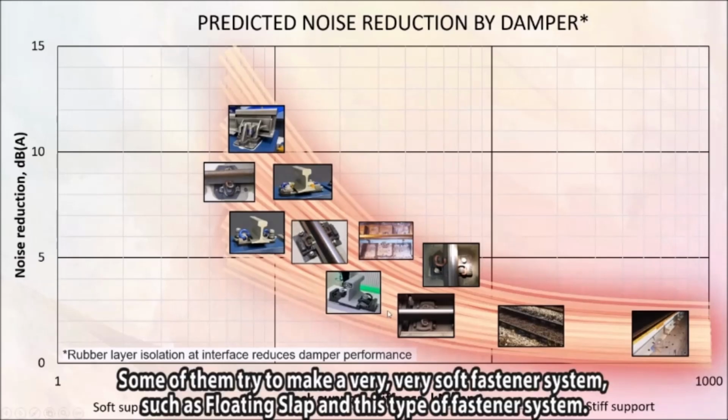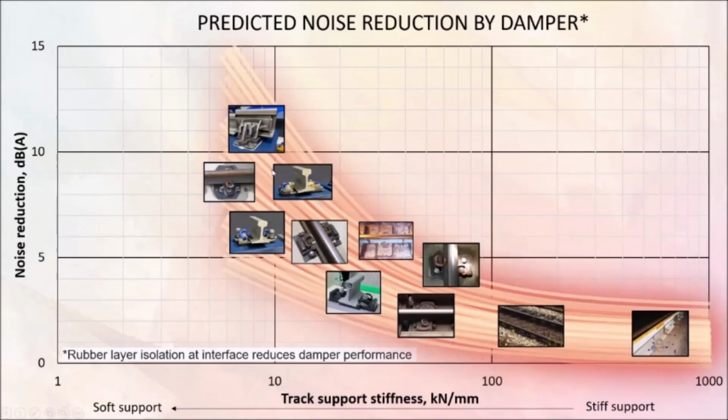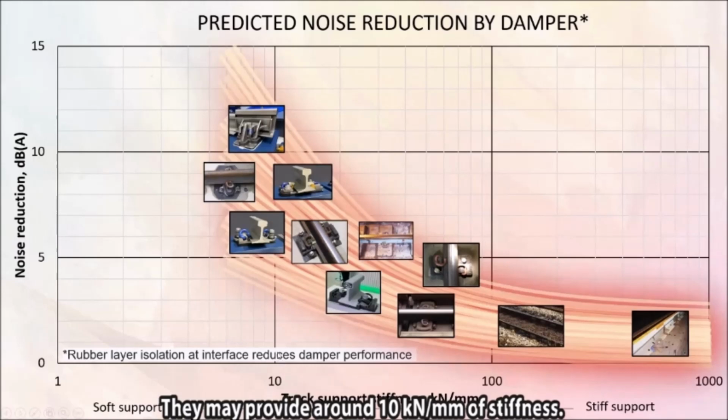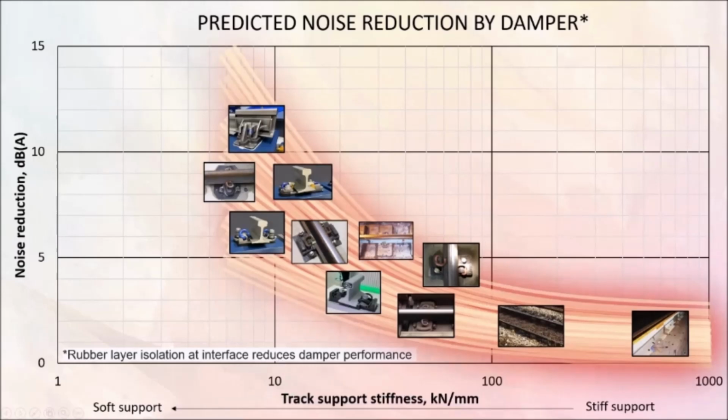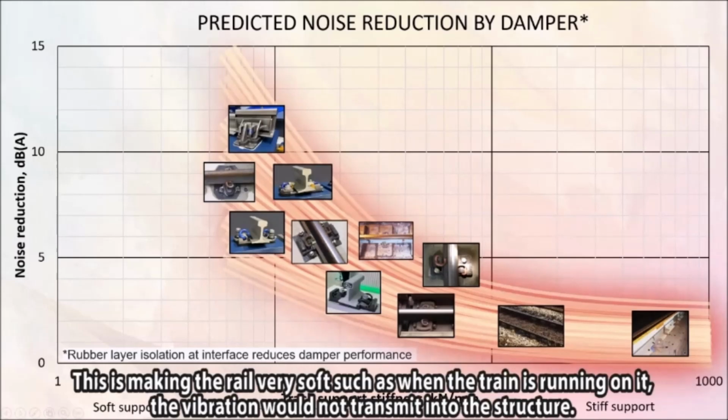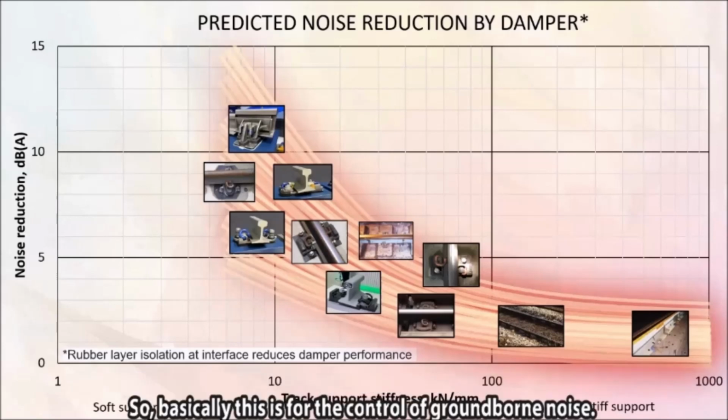Some of them try to make a very soft fastener system, such as floating slab or this type of fastener system. They may provide around 10 kilonewton per millimeter. So this makes the rail very soft, such that when the train is running on it, the vibration would not transmit into the structure. So this is basically for control of ground-borne noise.